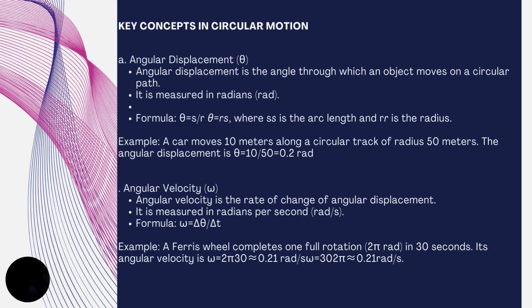So this is an example that has been done. A car moves 10 meters along a circular track of radius 50 meters. Calculate the angular displacement.